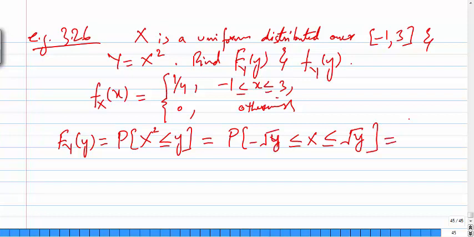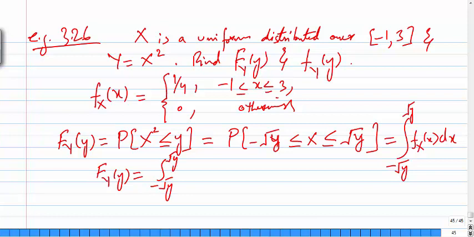We can calculate this probability by taking the integration of f_X(x) dx. If we do that, we easily find that it comes out to be root y by 2.